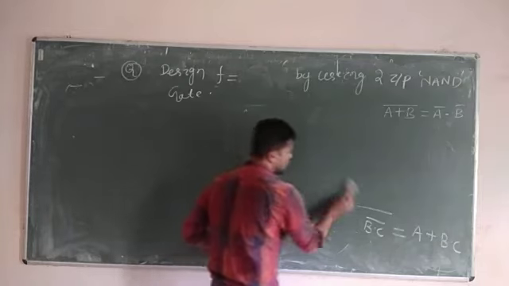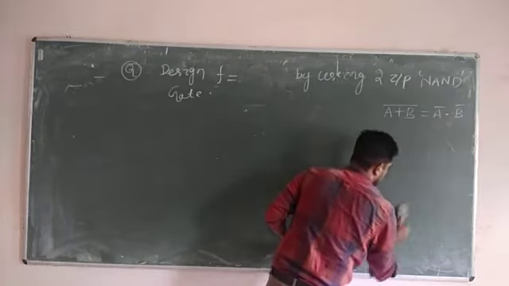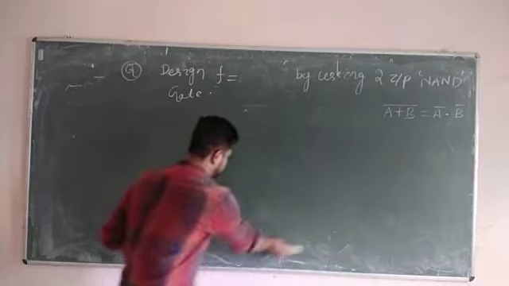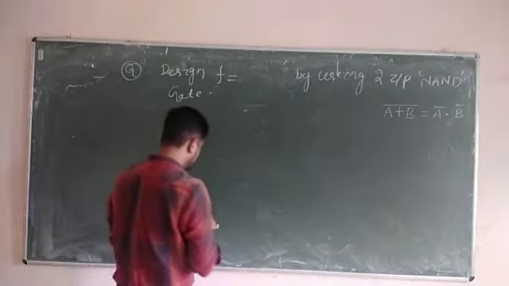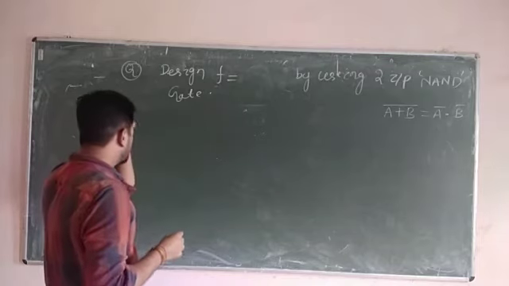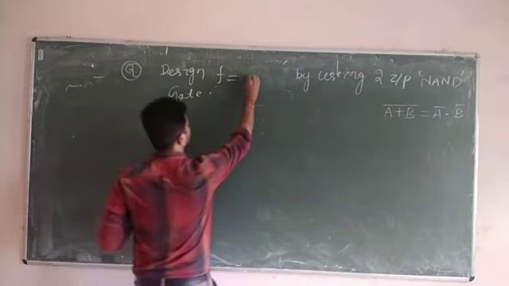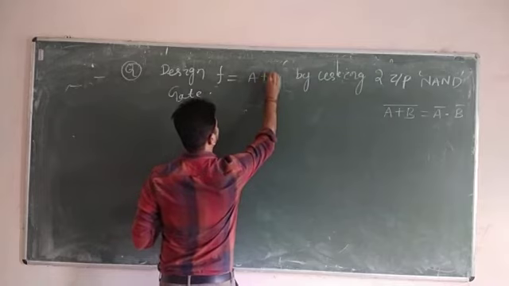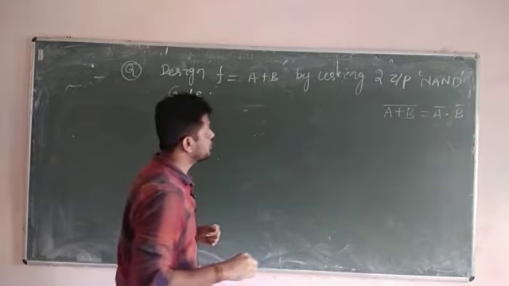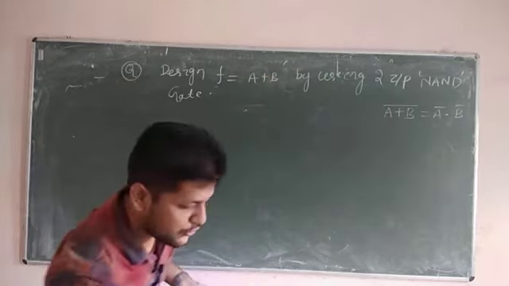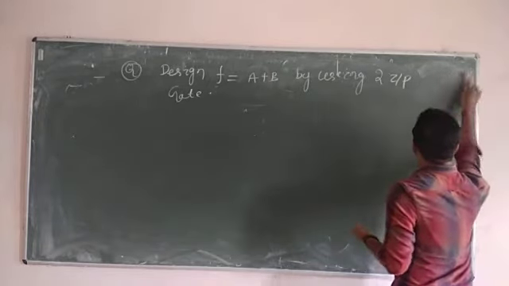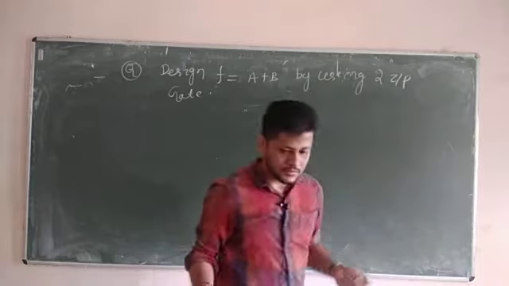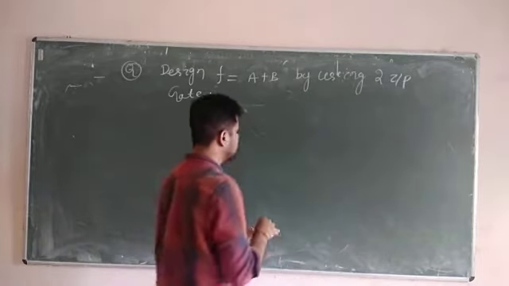I will solve many more problems on this. So design f is equal to a or b by using two input NOR gate.